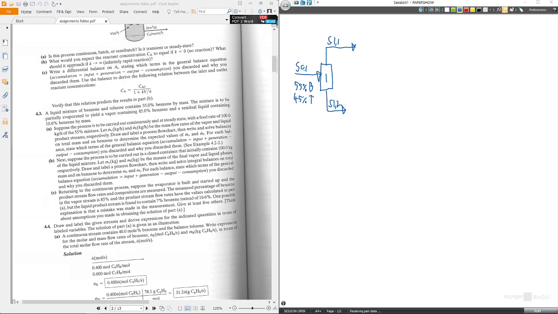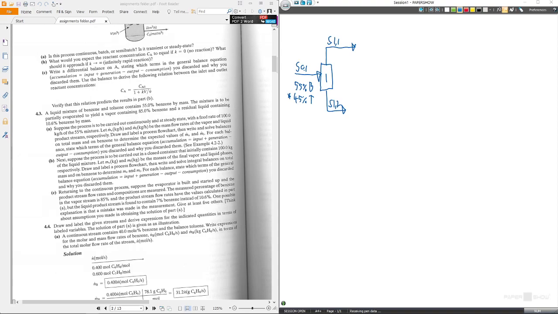So what else are we being told? Let's see, our vapor phase, so S11, we're told that it contains, no, we're not allowed to calculate. I'll make a small star and say that one we're not going to touch right now. I just want to get the information so I don't forget it. What else are we being told?